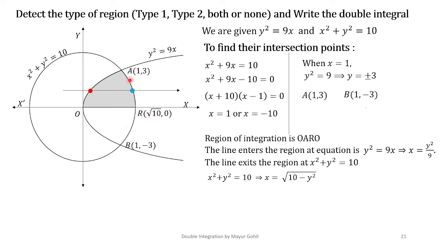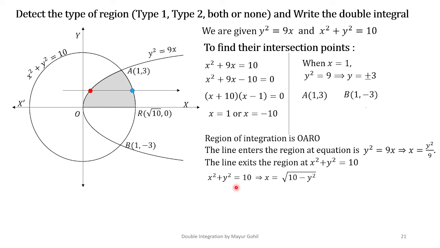That is why we have avoided the minus sign. So the line is exiting at x equals square root of 10 minus y square. This is the main thing to remember.